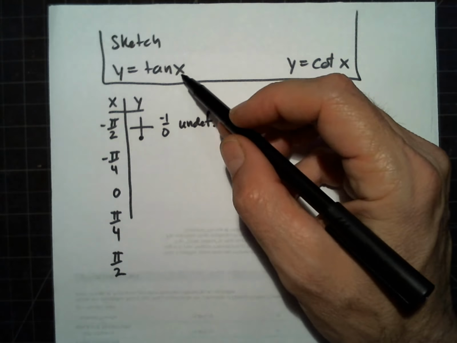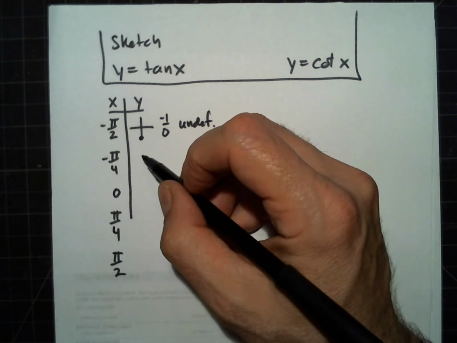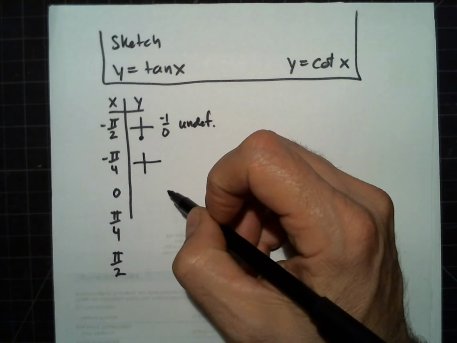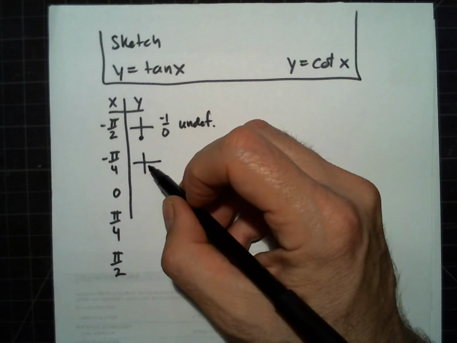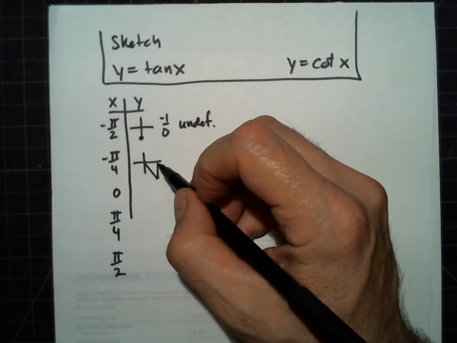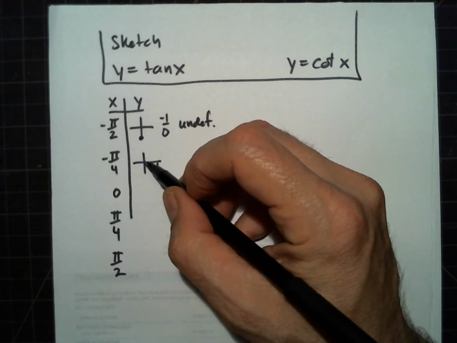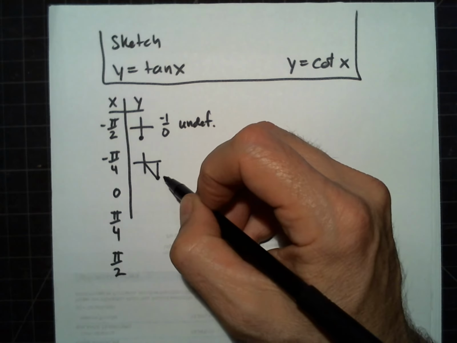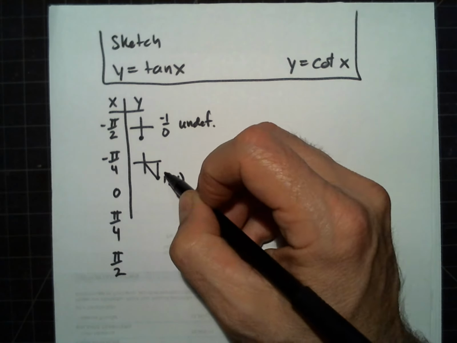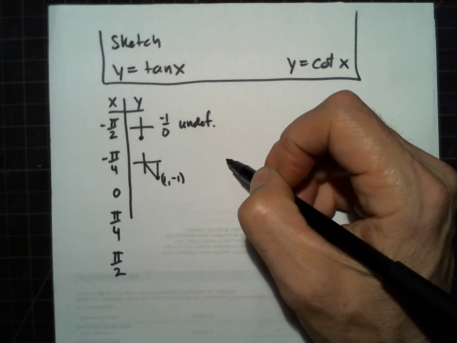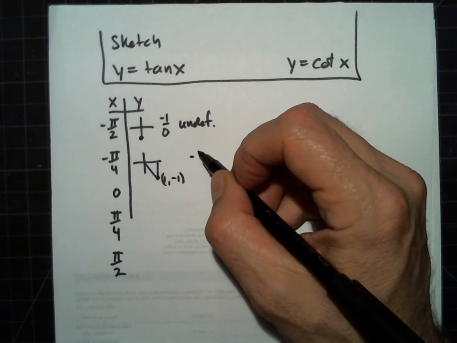So there's going to be an asymptote in the graph there. Here at negative pi over 4, the x value is 1 and the y value is negative 1, and we want y over x, so that'll give us negative 1.